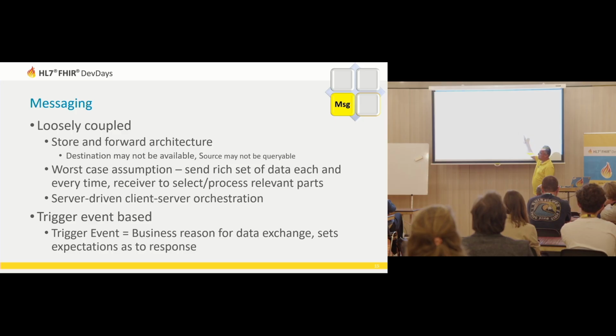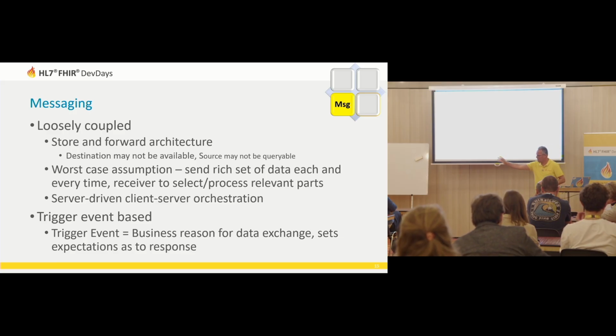Worst case assumption, late 1950s, if I'm sending something to you, I cannot assume that you actually have received it. So next time when I'm going to send you some stuff about a particular patient, I will send you the full demographics again. I will send you their allergies. I will send you a whole gamut of information.